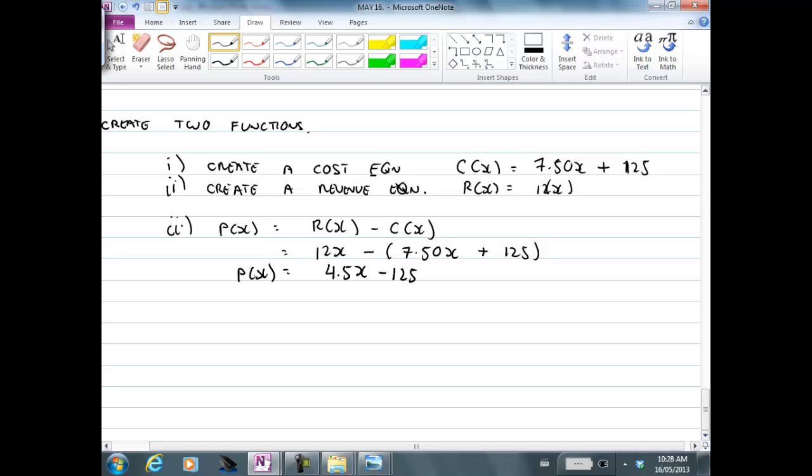If I were to break even, how many t-shirts must you sell? 28. How do you do that? I set profit equal to 0. Because if I sell less than 28 t-shirts, I lose money. If I sell more than 28 t-shirts, I make money. That's business.